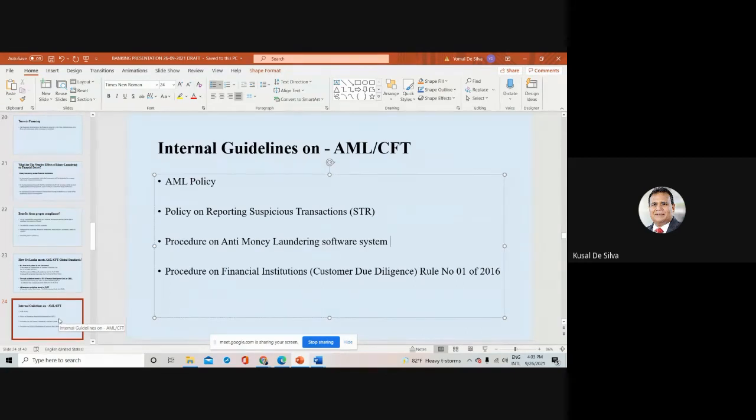And under the STR, generally, we are not supposed to divulge or inform the customer that we have made an STR to the FIU, because that will sometimes hamper their investigation.